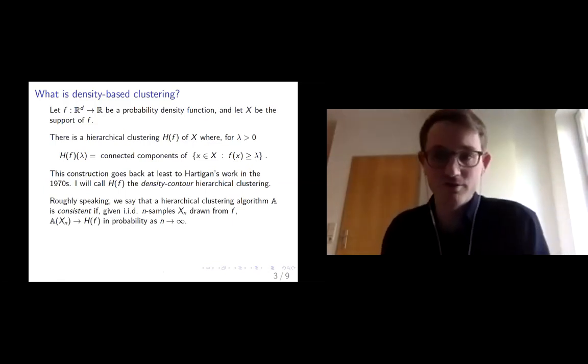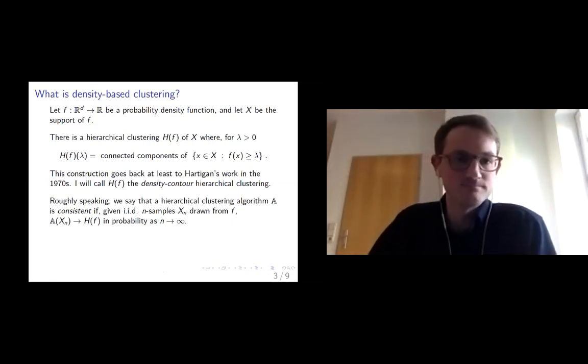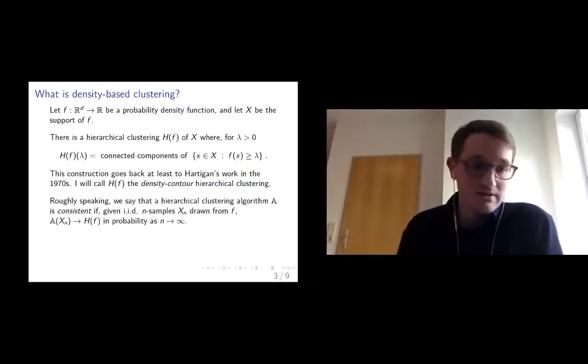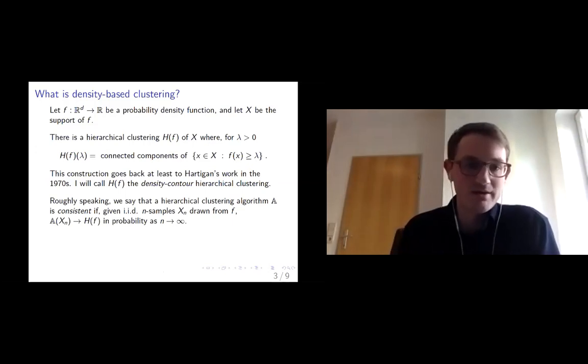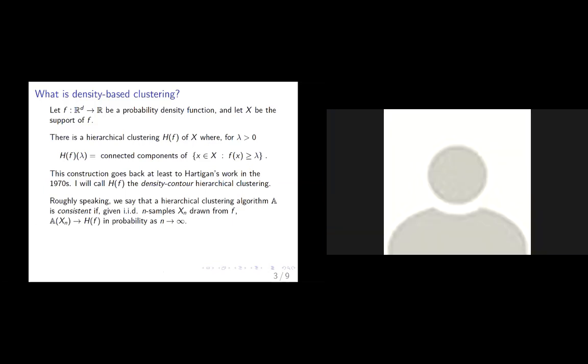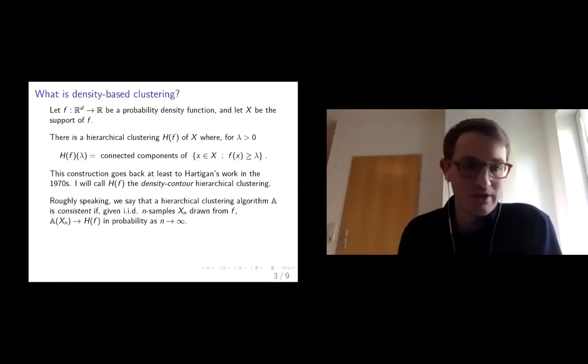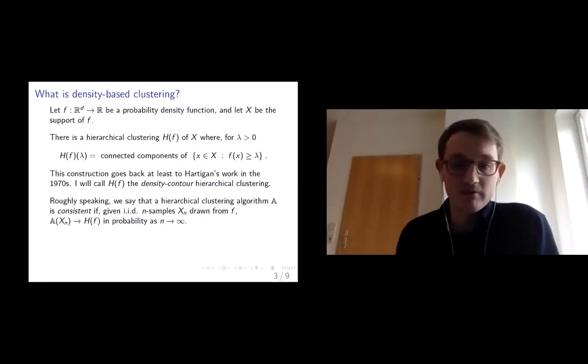Thank you for telling me that something had gone wrong. So let f be a probability density function and let X be its support. There is a hierarchical clustering, denoted H of f, on the support, where at the density threshold lambda, we let H of f at lambda be the set of connected components of the superlevel set of f at lambda.